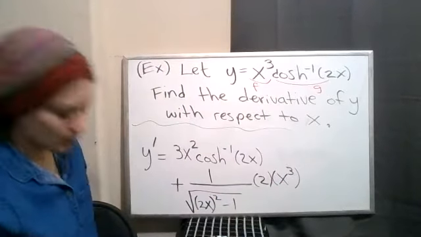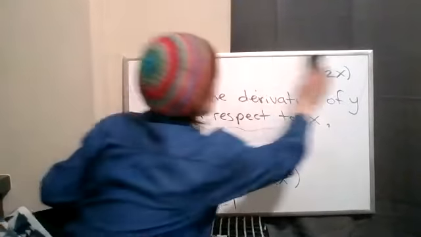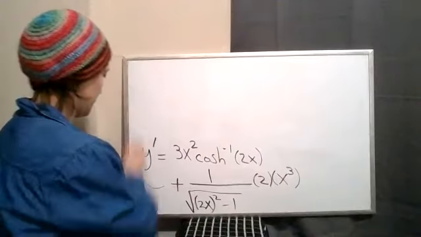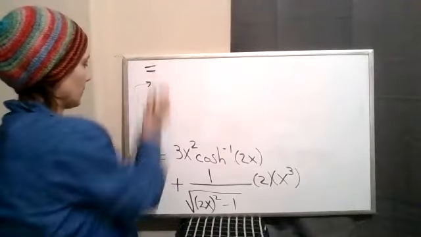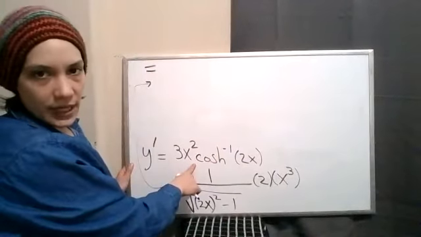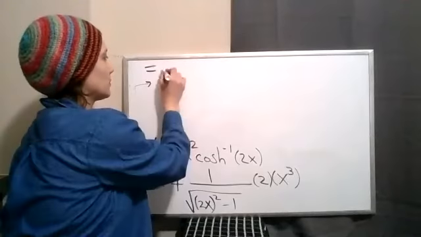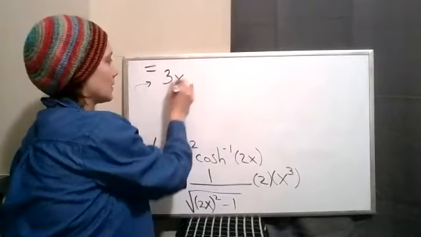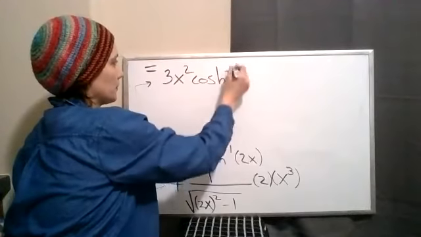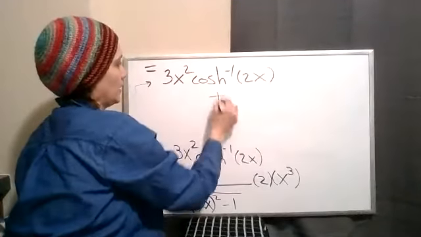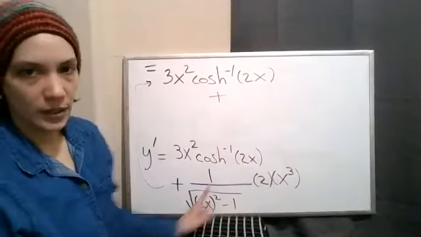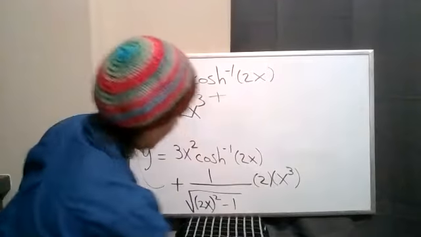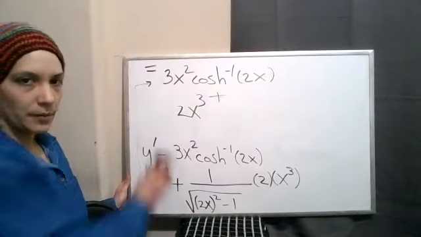And we're going to simplify this. So this is equal to 3x squared times cosh inverse of 2x, add 2x cubed over the root of 4x squared minus 1.